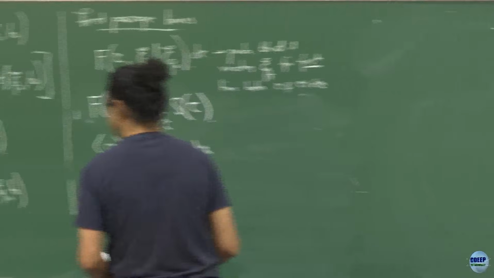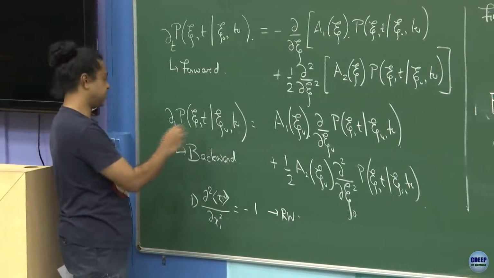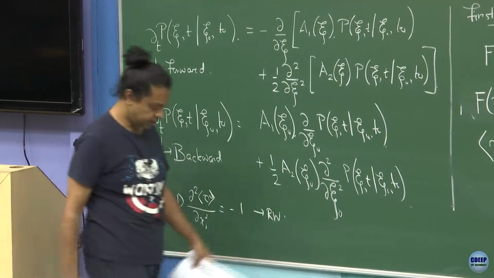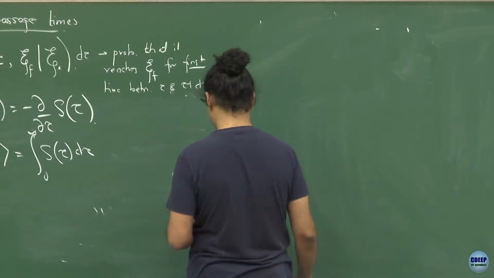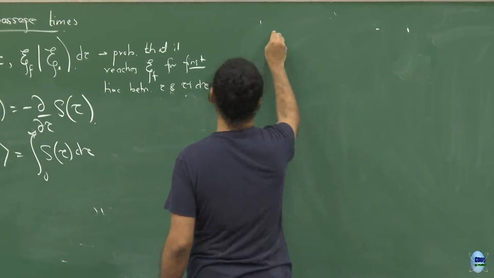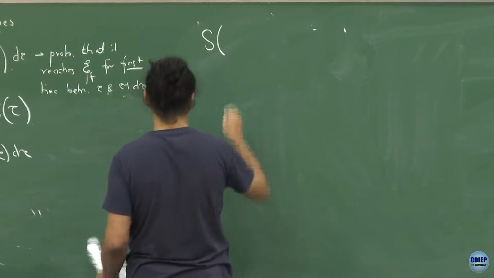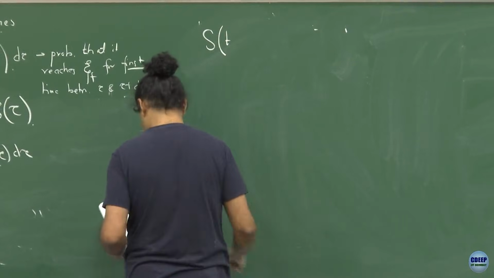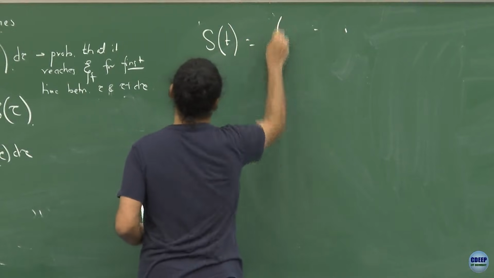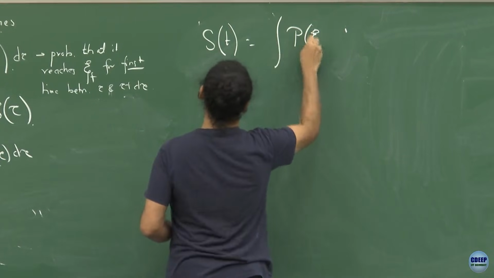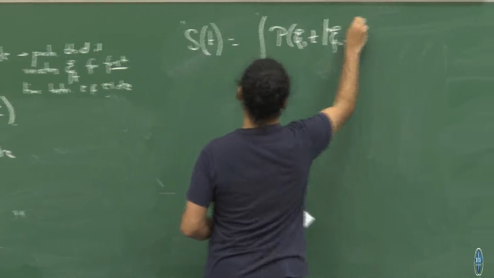So, my probability p of xi t given xi naught t naught obeys the backward equation, and therefore, remember my survival, that I survive up to time t, was the integral over xi of p of xi t starting from xi naught t naught.